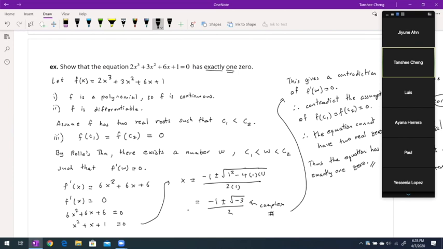Now I can see that this is a polynomial function, therefore it is continuous, which meets the first criterion of Rolle's theorem. And we know that polynomial functions are differentiable everywhere, so that meets the second criterion.